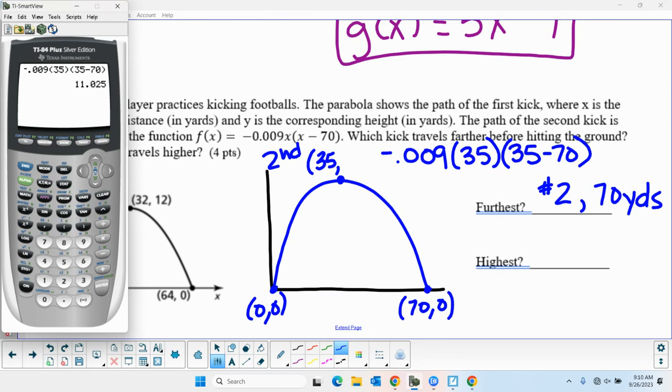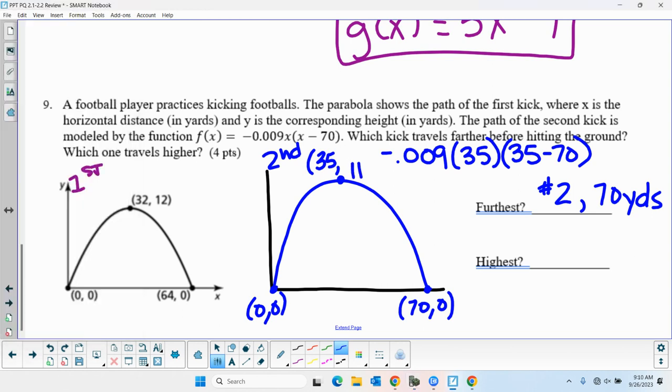And I get 11.025. That's in yards, height. So 11 yards high. How high was this one? 12. So which one went higher? The first one. So highest was number 1, and it went 12 yards high.